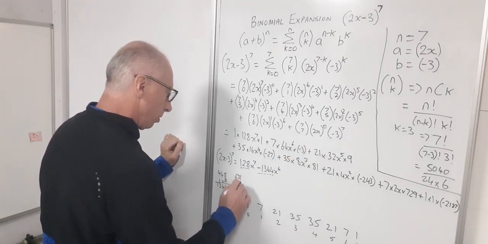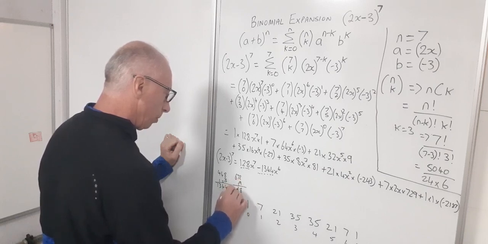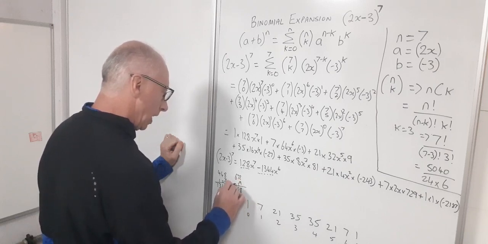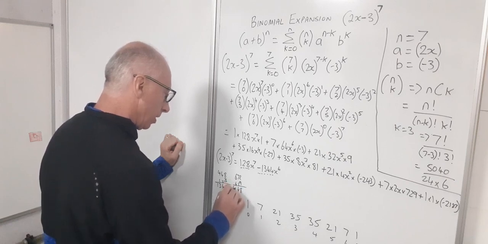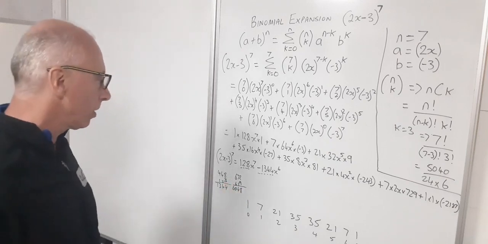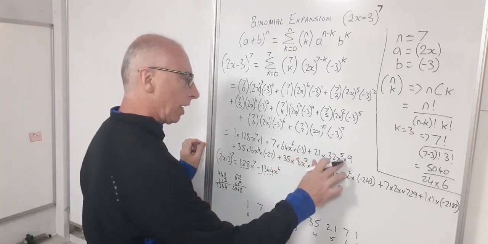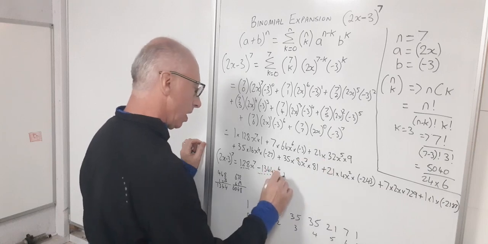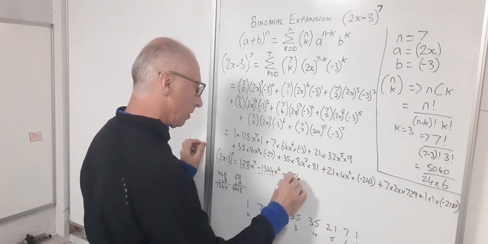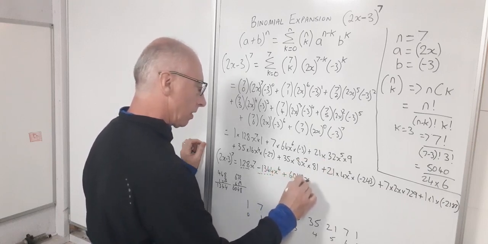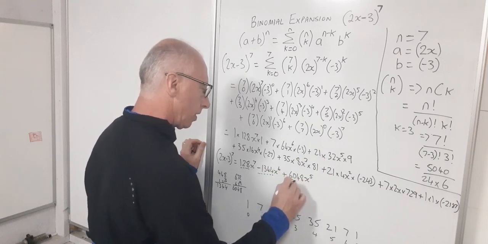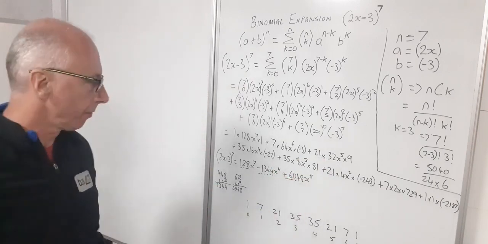Well, 2 9s are 18, 7 9s are 63, plus 1 is 64, and carry 6. 6 9s are 54, plus 6, that gives me 60. So that gives me 6,048. And as this one here is all positive, I need a positive sign, 6,048 x to the 5. So that's the coefficient for x to the 5.